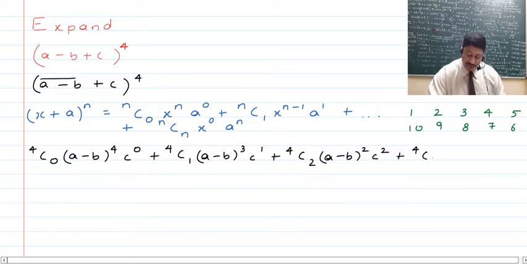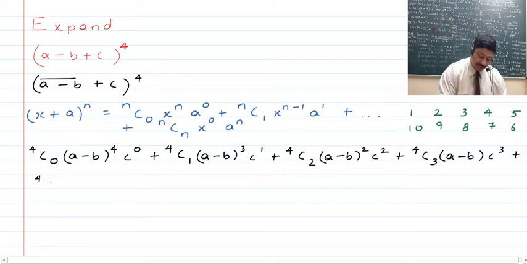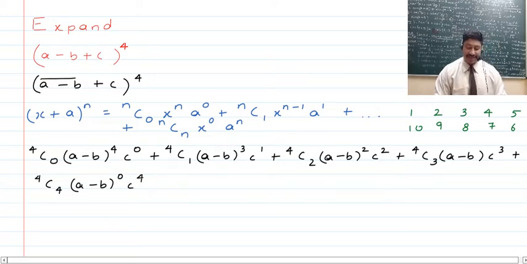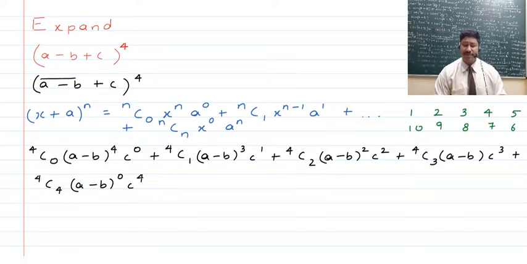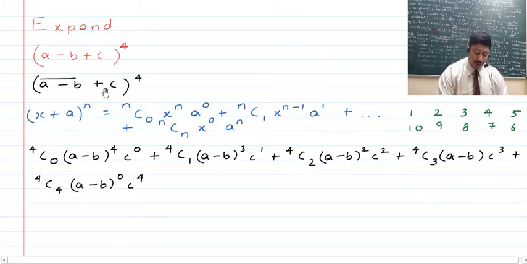Then we have 4C3 (a minus b) times c raised to the power 3, and then the last term, which is 4C4 (a minus b) raised to the power 0 and c raised to the power 4. So this, children, is the expansion of the binomial, where we considered a minus b to be a monomial and c also to be a monomial. Thus this got converted from a trinomial to a binomial.